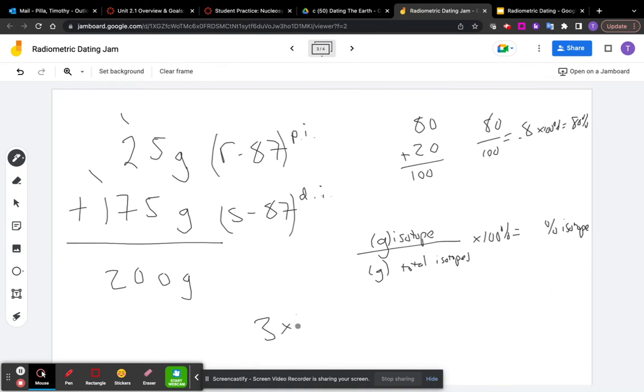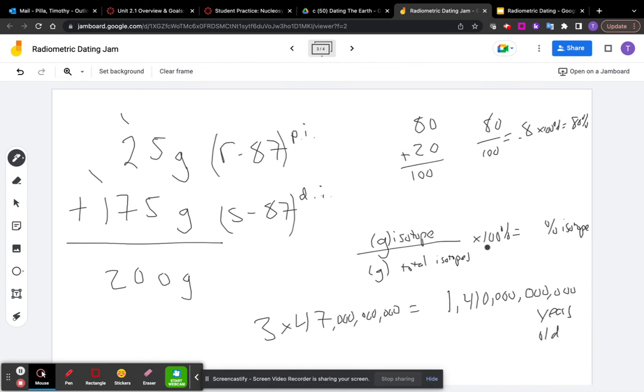Times 47 billion years. Wow, that's an old rock.